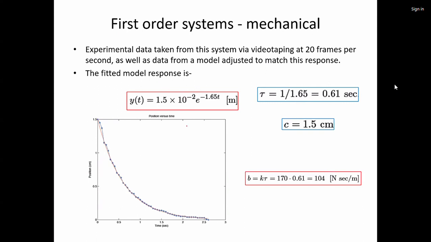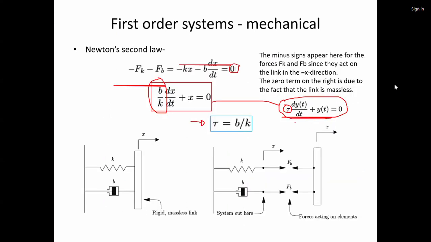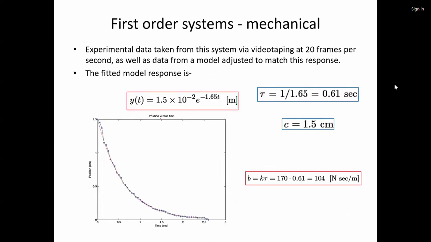Last class we had written, right? So the solution to this equation will be C, some constant, times e to the power minus t by tau. So this is that C, and e to the power minus t by tau. So tau is basically 1 over 0.65, okay, and 1 over tau will be 1.65. So that is why 1 over tau is coming here as 1.65.